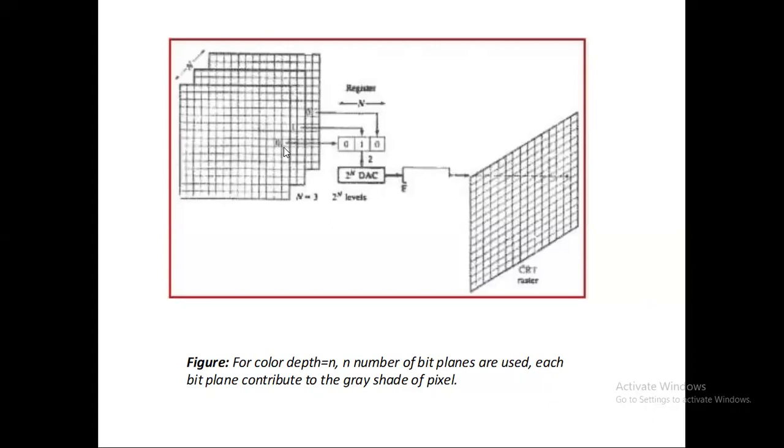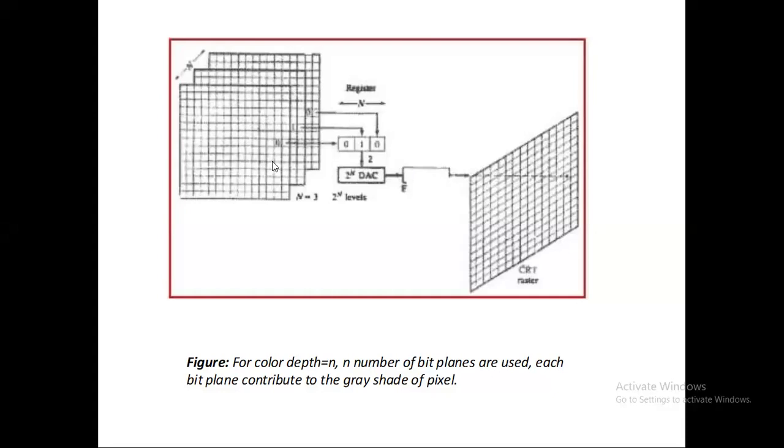So this is the digital device, and this is your output screen, that is the CRT screen, and this is the analog device. Okay. Now, whenever you want to display a picture on the screen, that picture information is stored in this frame buffer in digital format.